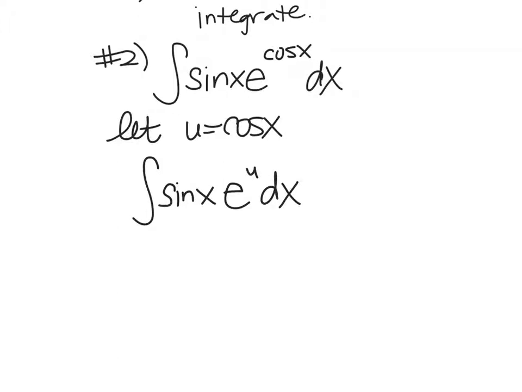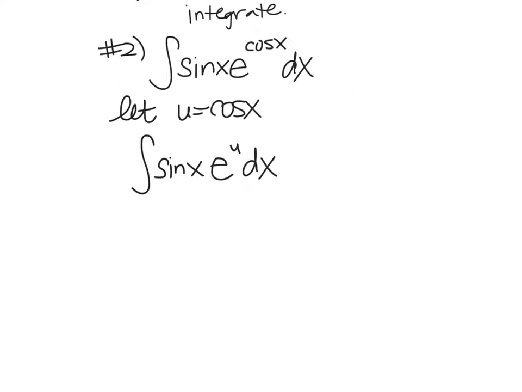All right, and you think, oh, wow, you just made a mess of things, right? Because now I have x's and I have u's and I have all this stuff. Okay, so this is what we're going to do. We're going to go up here to where we let u equal cosine x, and we're going to find out what du is. So let's take the derivative of u by doing du dx equals, so I take the derivative of u with respect to x on this side, so I get du dx equals negative sine x, right?